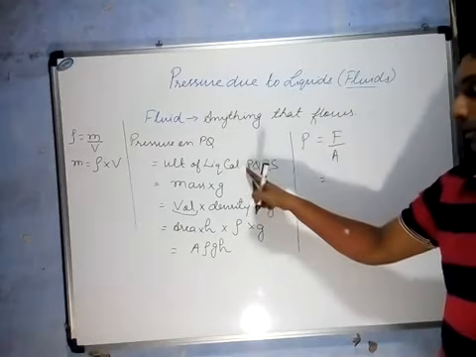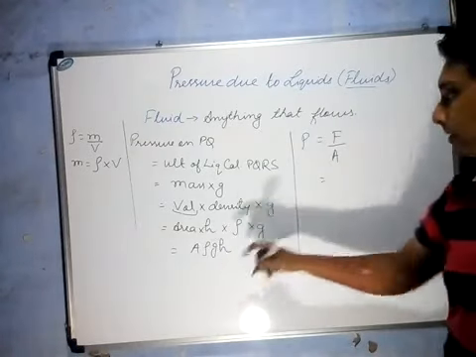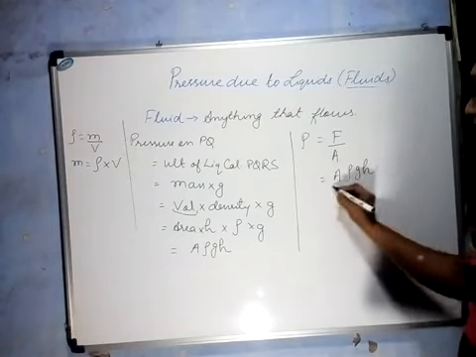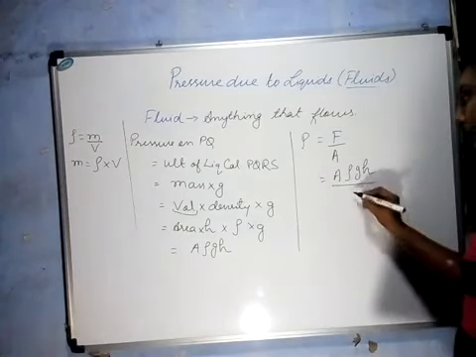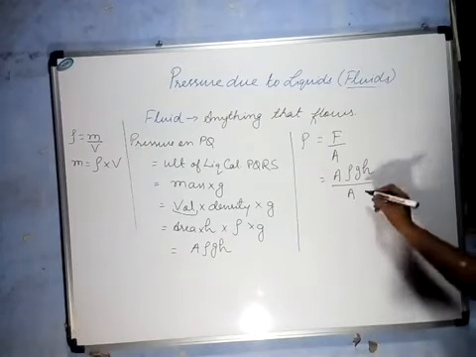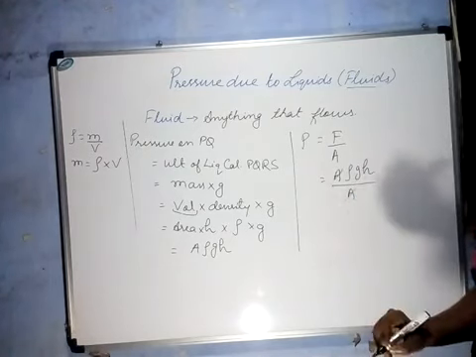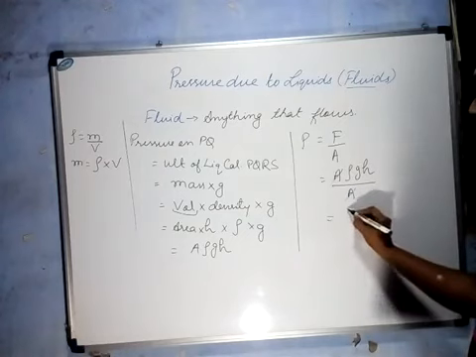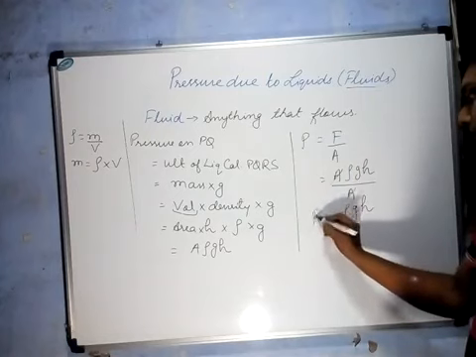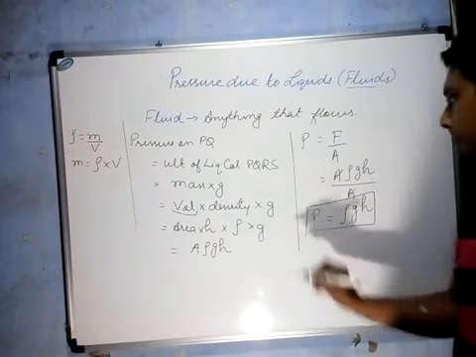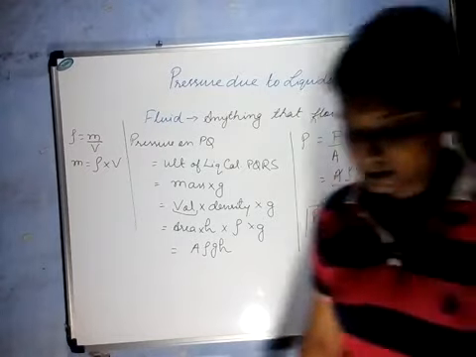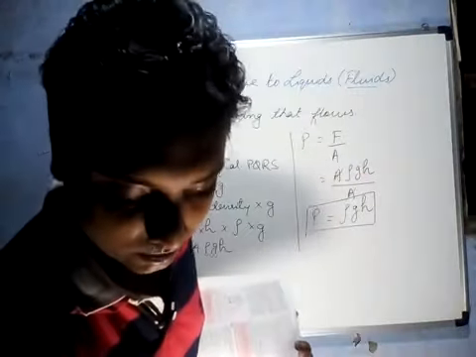This is the weight of this liquid only, so we can directly write A rho G H divided by the area, meaning the area of the base. So therefore this and this get cancelled. So what are we left with? Rho G and H. So pressure is equal to rho G H. Now I think you understood till here.